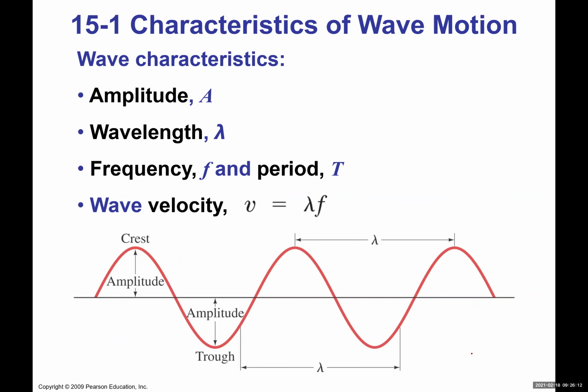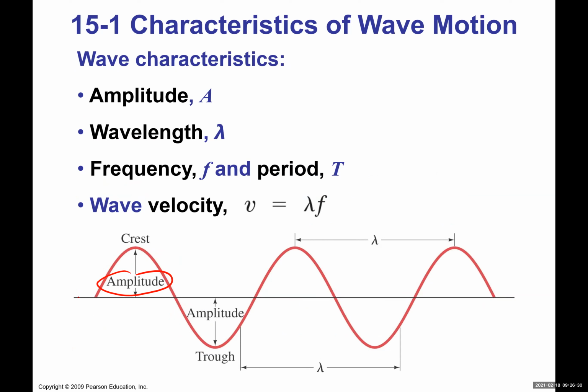So a couple of important things that we can have about a wave would be the amplitude, which is how high or how low it goes with respect to a central line. That means you draw a line exactly to the center, to the middle of the shape.